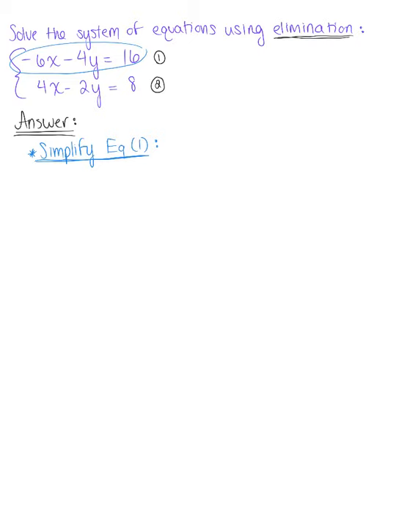So let's see, we have, again, equation 1 is minus 6x minus 4y is equal to 16. And then thinking about the left-hand side here, we know that both negative 6 and minus 4 have a negative 2 in common.